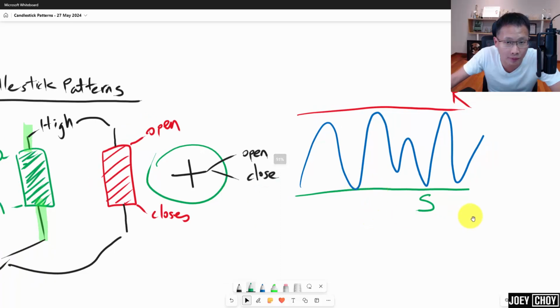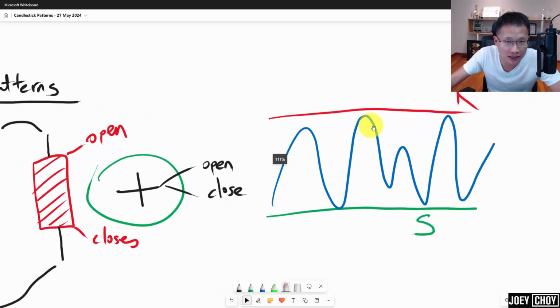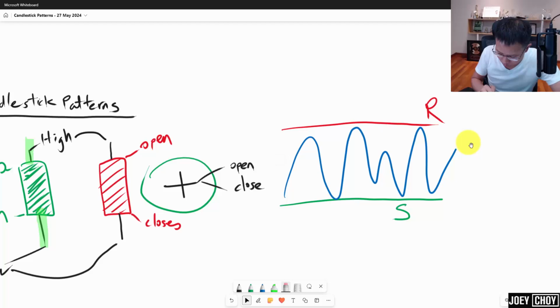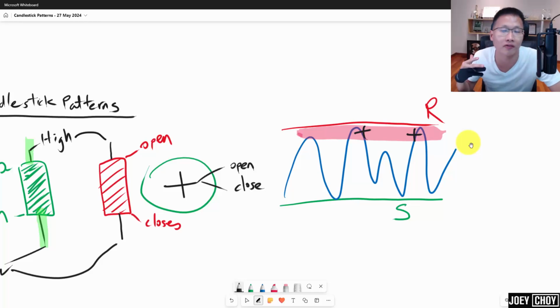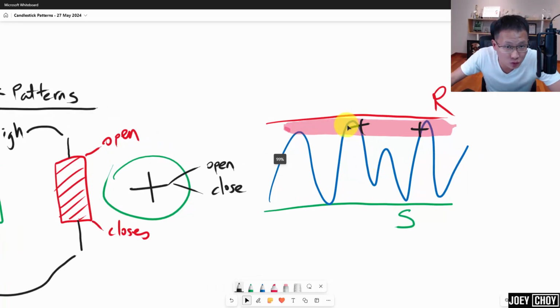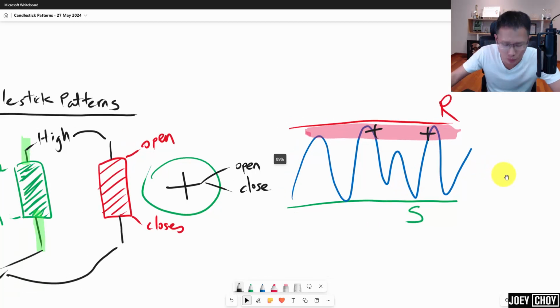So if you see a doji right near the resistance level, somewhere over here, where many times it has traded higher, sellers come back and push it back down, and we see a doji right over here or maybe over here, right? Well, there's a very high probability of prices potentially retracing back down again. So this is what we call a reversal, right?